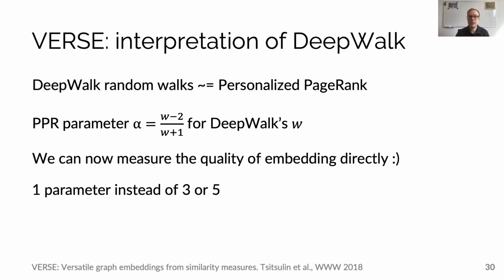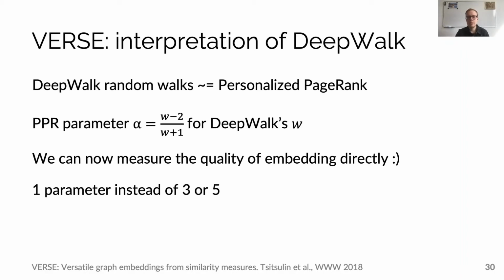For example, for DeepWalk's W, for large enough gamma and T, we can show that alpha of PageRank equals (W-2)/(W+1). And surprisingly, it's actually 0.83, I think, for default W equals 10, which is precisely the PageRank alpha value that was used in the seminal paper by Larry Page and Sergey Brin about the normal PageRank.